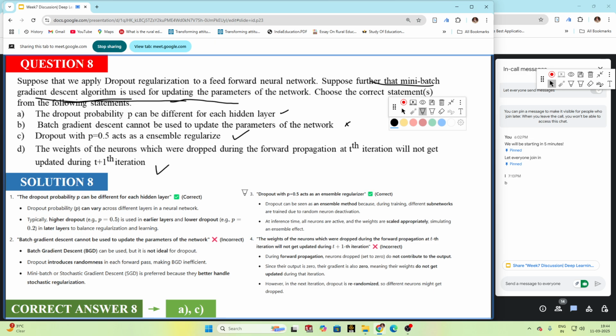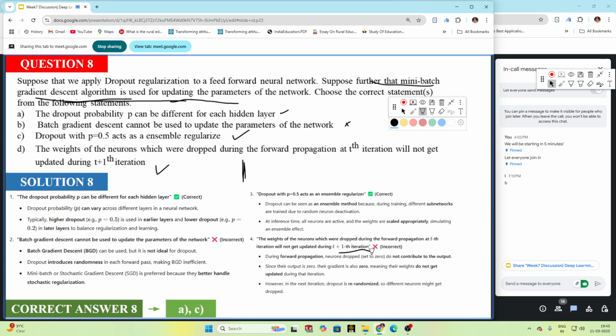If we are talking about only one network, then D is right. But if we are seeing different neural networks, what happens is it is re-randomized, so it is false. So options A and C are correct.